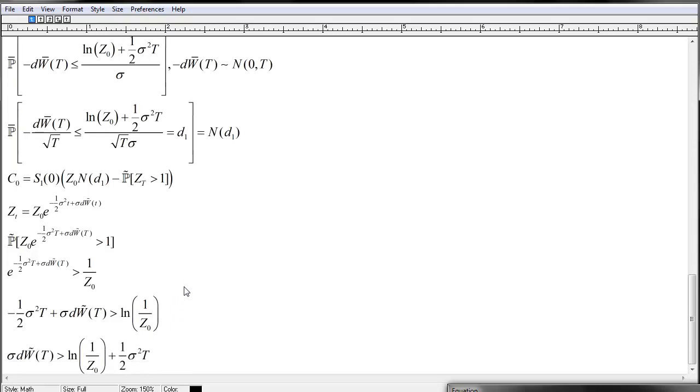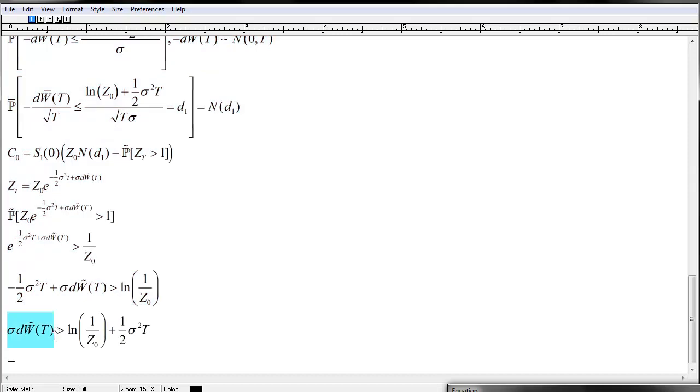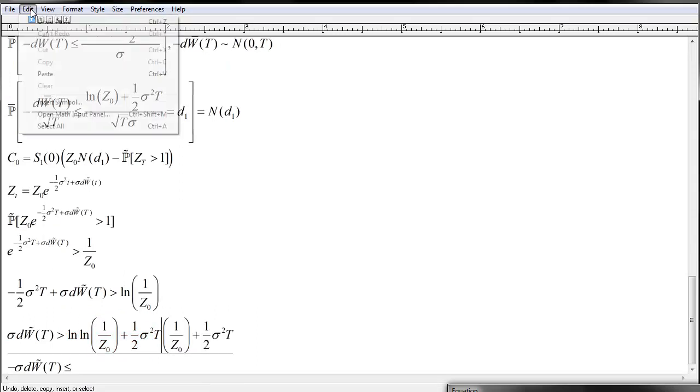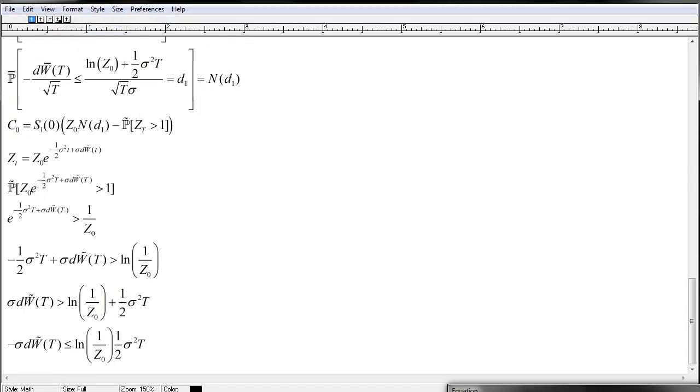Now we are going to multiply by -1. This means that minus this is less or equal to the expression.